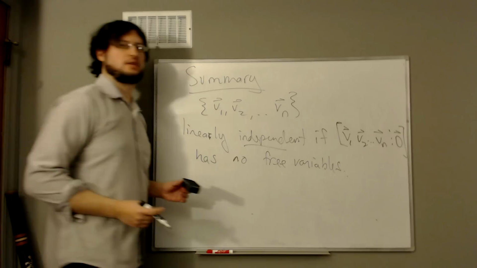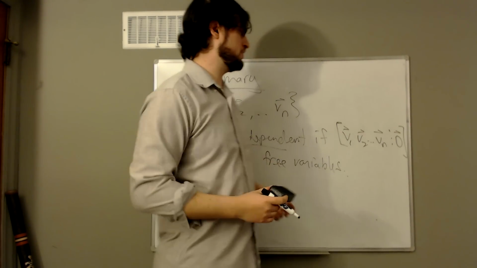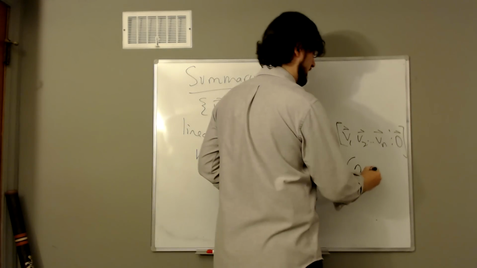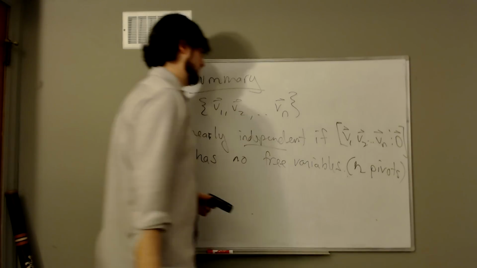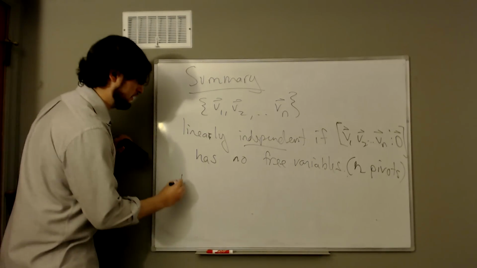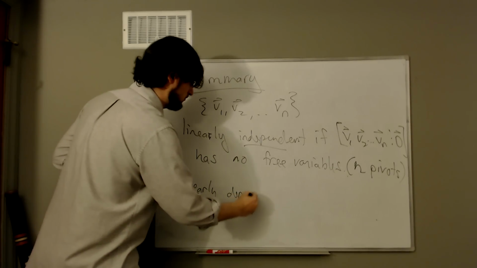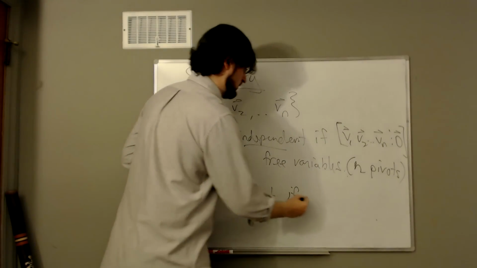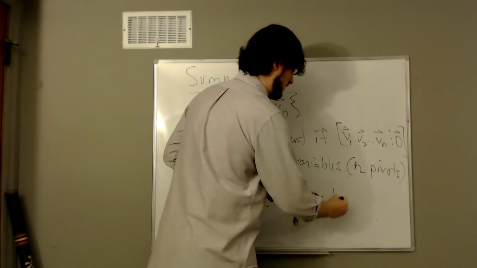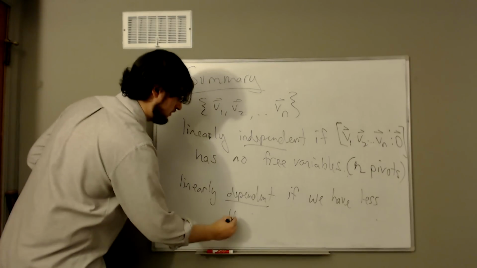In other words, if there's a pivot in every one of the first n columns, so if it has n pivots. And they are linearly dependent in the other situation, if we have fewer than n pivots.